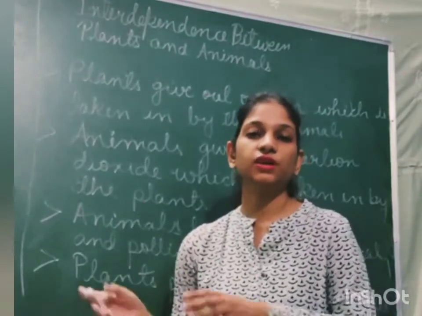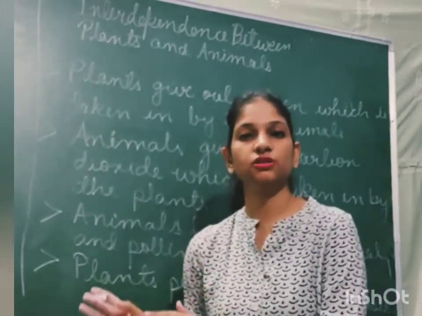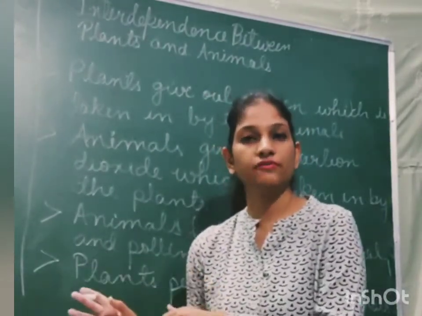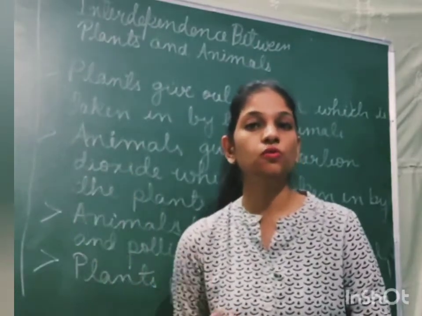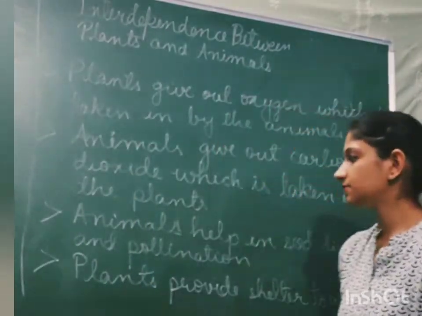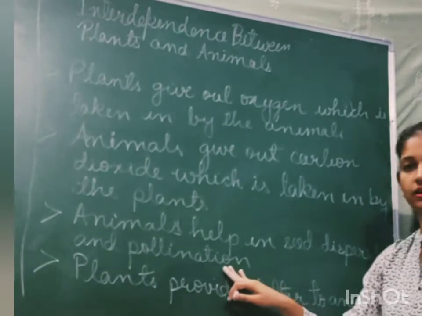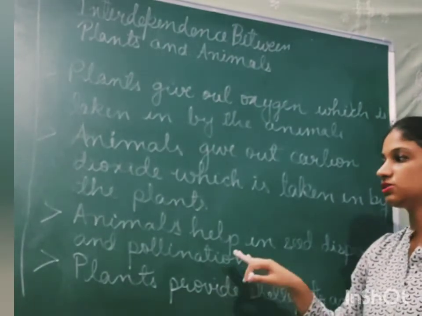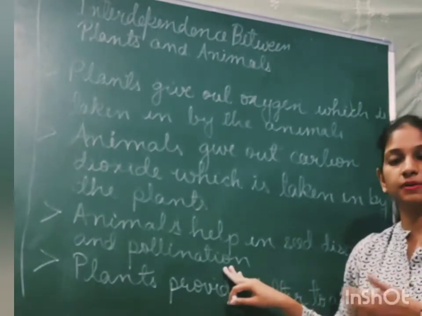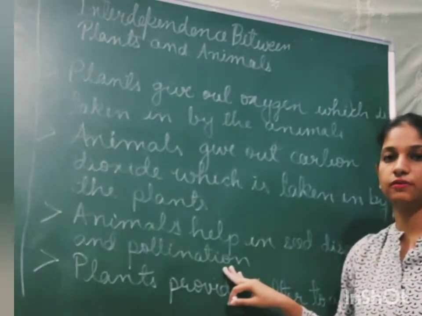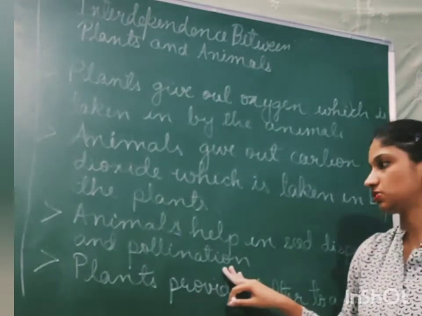Now these seeds, if they get the right kind of temperature, the right kind of environment, they might grow into new plants. And similarly, they also help in pollination. Pollination is also a way in which other plants grow, new plants grow.